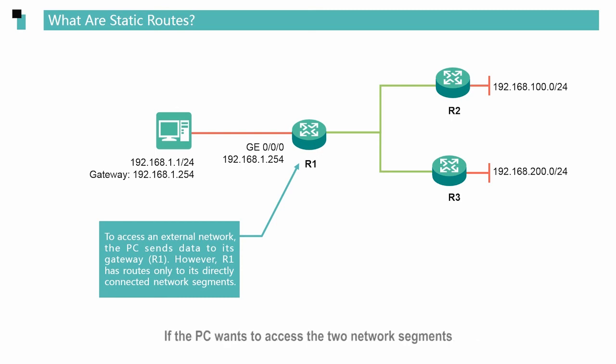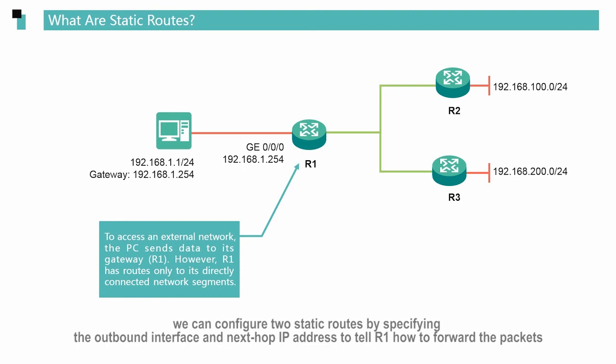If the PC wants to access the two network segments, it sends packets to its gateway, R1. However, R1 has routes only to its directly connected network segments. In this case, we can configure two static routes by specifying the outbound interface and next hop IP address to tell R1 how to forward the packets.